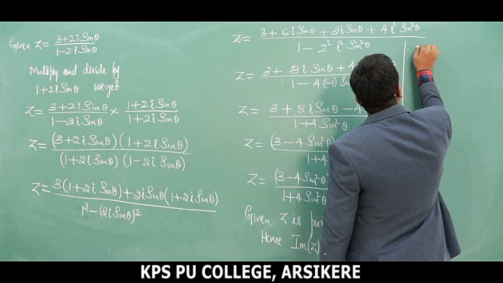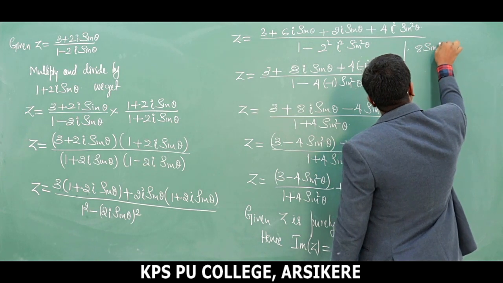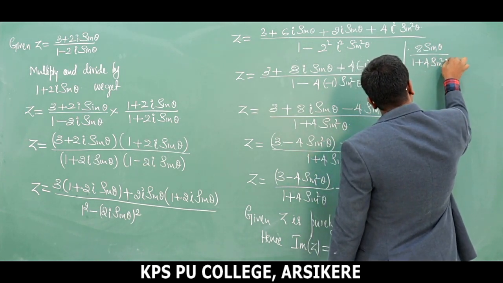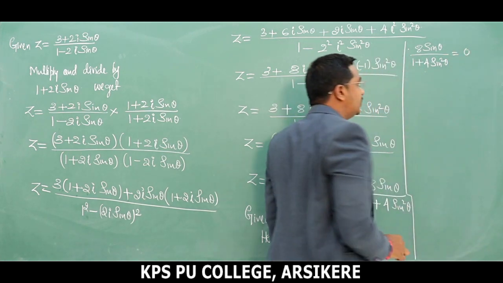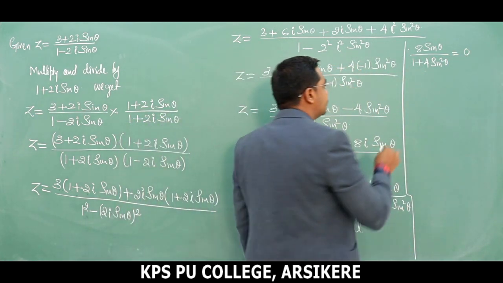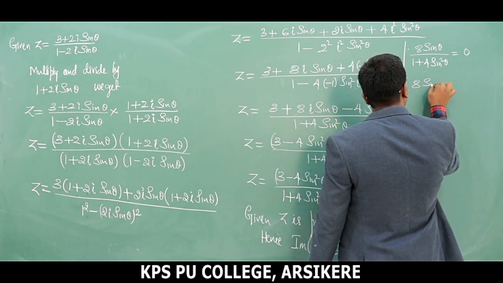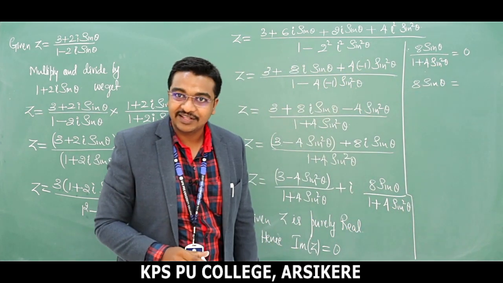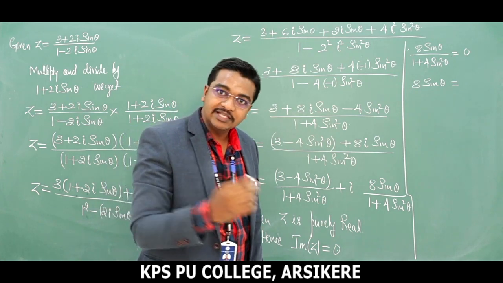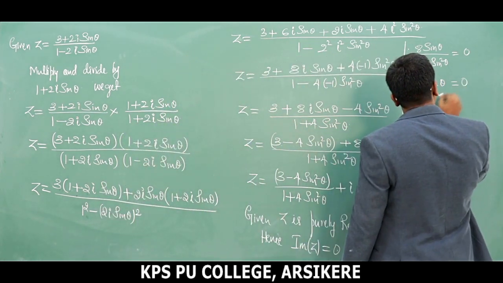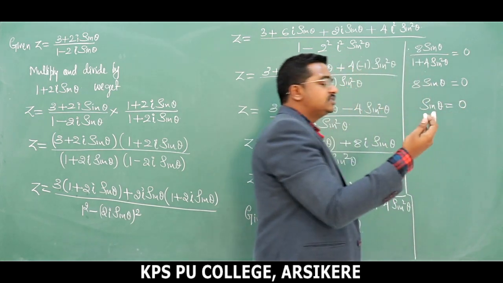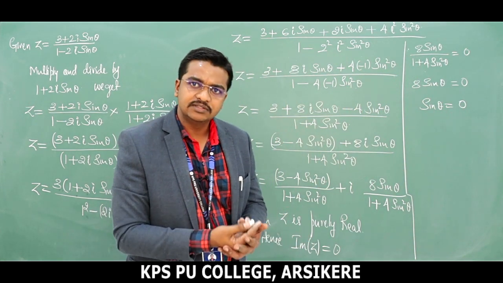So therefore 8 sin theta divided by 1 plus 4 sin square theta is equal to 0. Now take cross multiplication. 8 sin theta is equal to 0 into 1 plus 4 sin square theta. So 0 into anything is 0. So here we are left with sin theta is equal to 0, because 0 by 8 is 0.